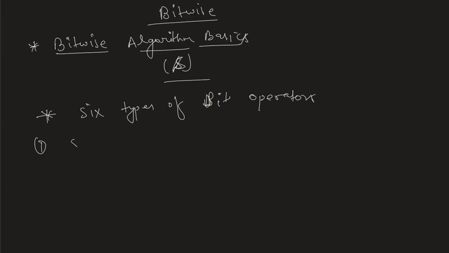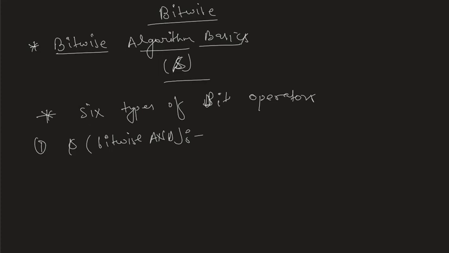First, we have bitwise AND. It takes two numbers as operands and does AND on every bit of the two numbers. The result of AND is 1 only if both bits are 1.